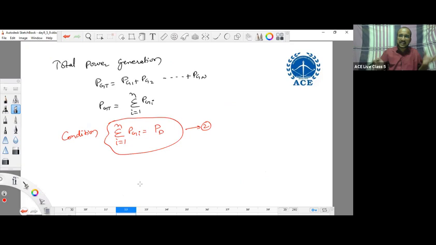Is it a constrained minimization problem or an unconstrained minimization problem? Understand my point? It is a constrained minimization problem. So here we need to use an optimization technique.